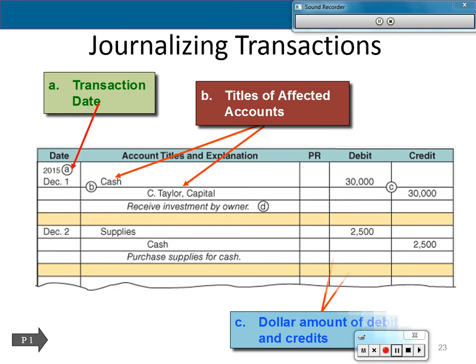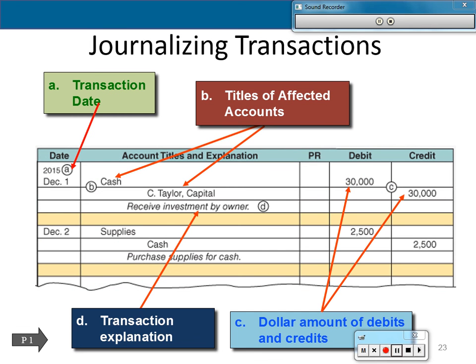This is what a general journal looks like. You always have the date, the description. It might say account title, but it normally says description. PR, what do you think that PR is? Posting reference. So, what do you think they're referencing? What does the general journal connect to?